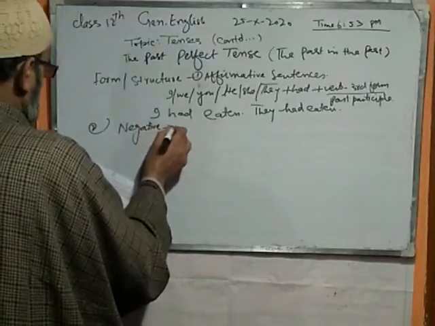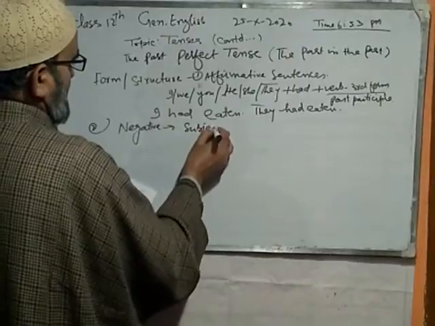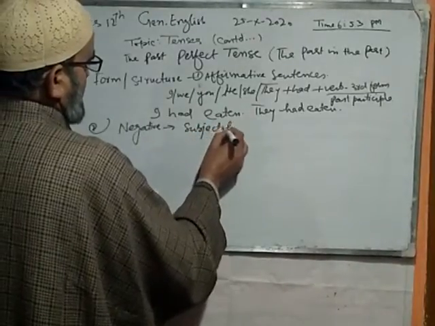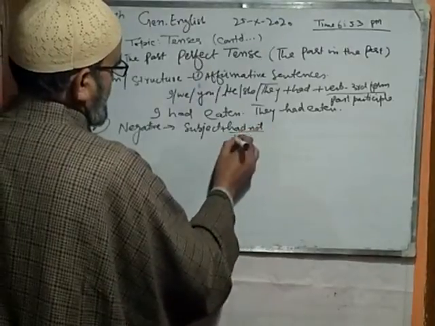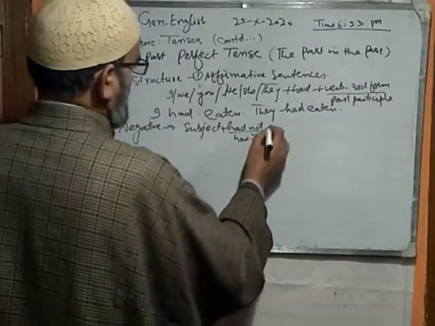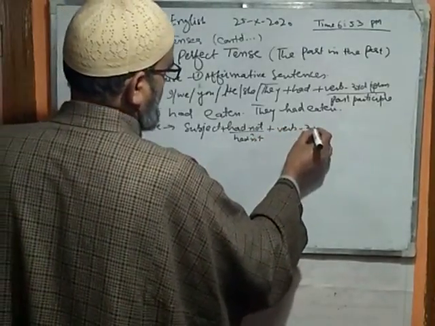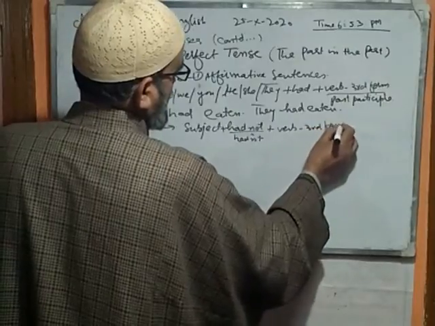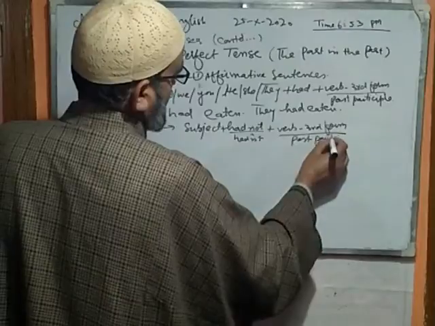Negative sentences, the form is subject plus had not or hadn't plus verb third form or past participle.